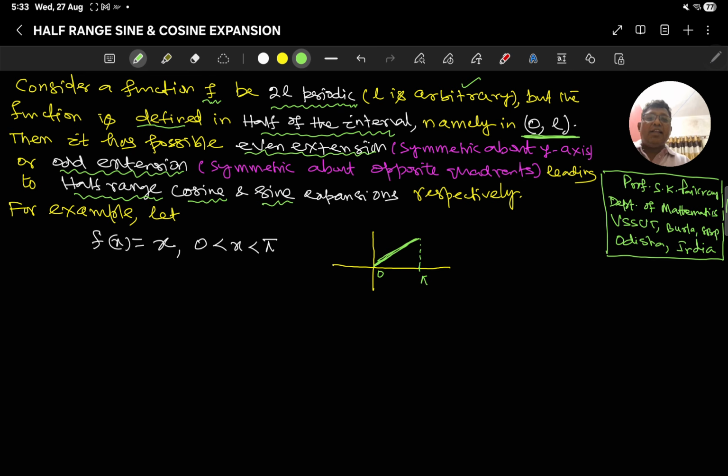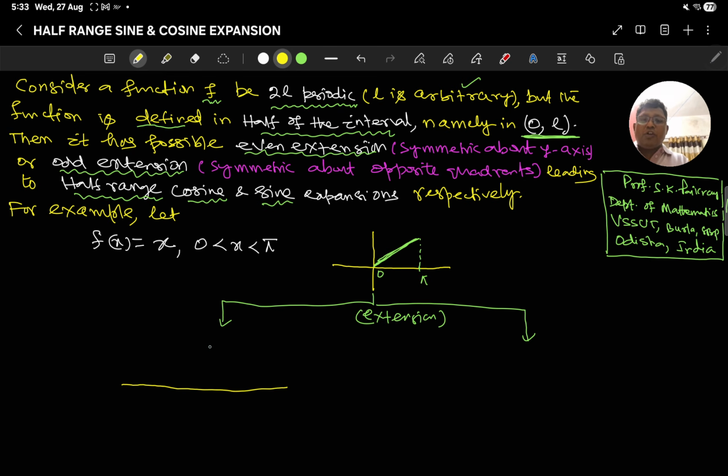Now we can extend it. What will happen to its extension? We can have its possible extension. Suppose this is my original function, from 0 to pi, and we want to extend it.